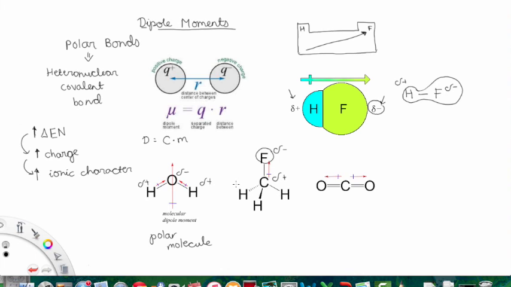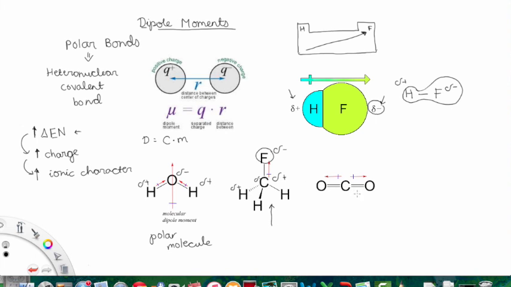In this case, carbon is more electronegative than hydrogen, and so comparing these two, we're going to have a slightly negative charge on the carbon and a slightly positive charge on the hydrogen. However, the difference in the electronegativities is greater between the carbon and the fluorine, and so this is going to dominate. This is also a polar molecule because it has a molecular dipole moment headed towards the fluorine.